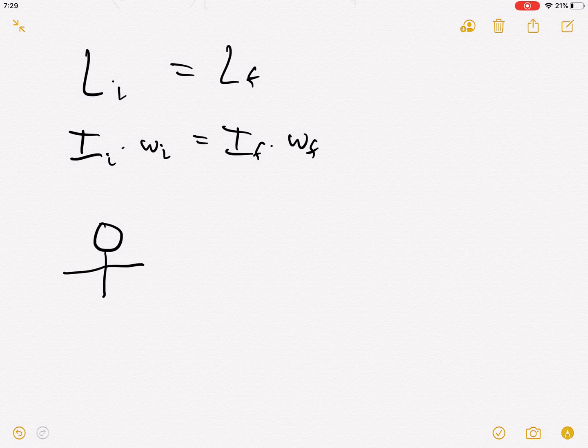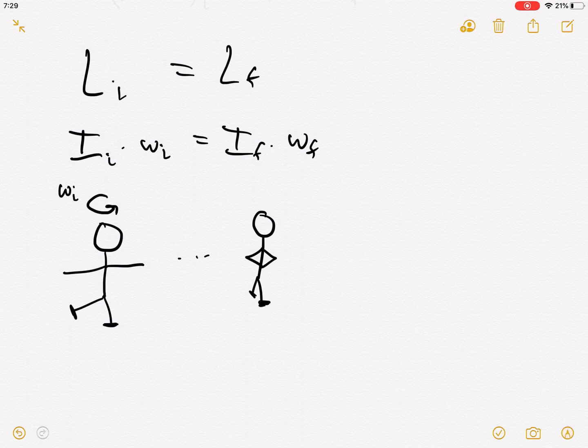Arms out. Long arms, that's fine. And one skate out. So there's a skate out and there's a skate on the ground. And let's say she is rotating with some omega initial. Now let's say she pulls her arms and her skate in. So that skate is in and her arms are in.